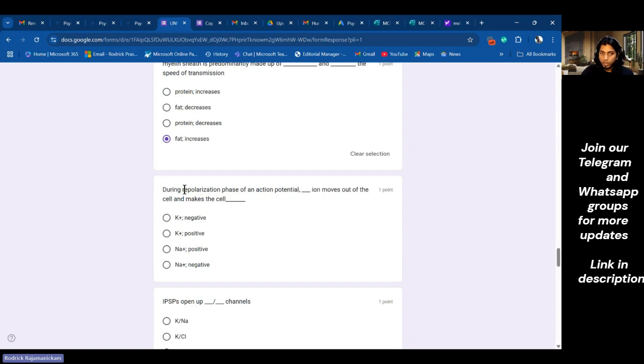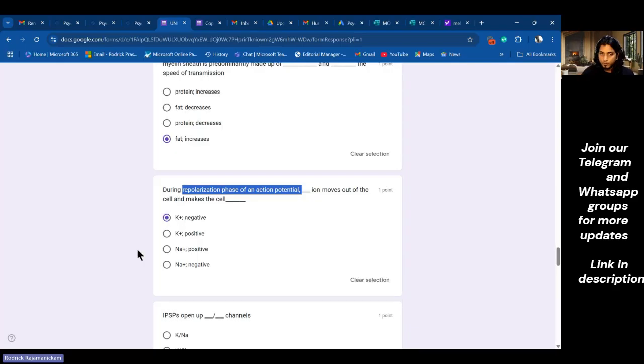This is a part of the repolarization phase. And then the sodium potassium pump sets in, actively exchanging potassium for sodium. So at the peak of the action potential, it is slightly positive. And then during repolarization, even more potassium moves out, making the cell more negative.